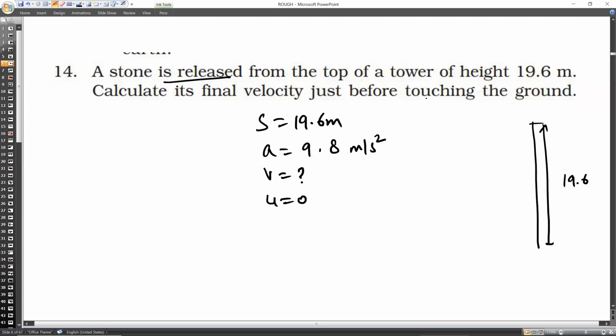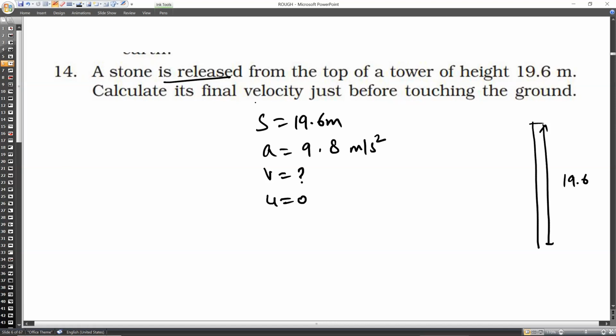So which equation do you have to use in this one? Avni, tell me which equation you are going to use. Sir, V is equal to U plus AT. Why AT?